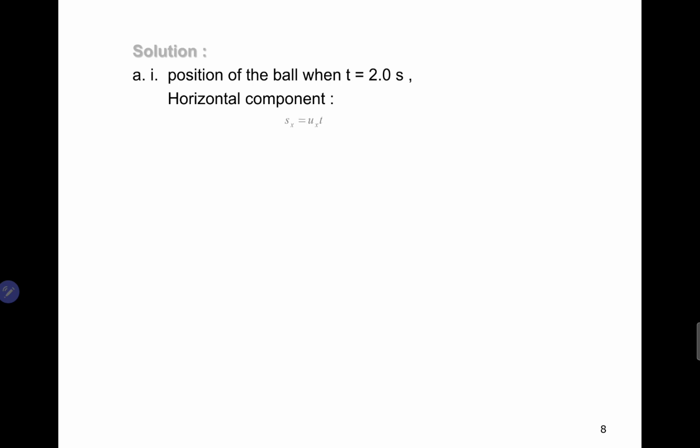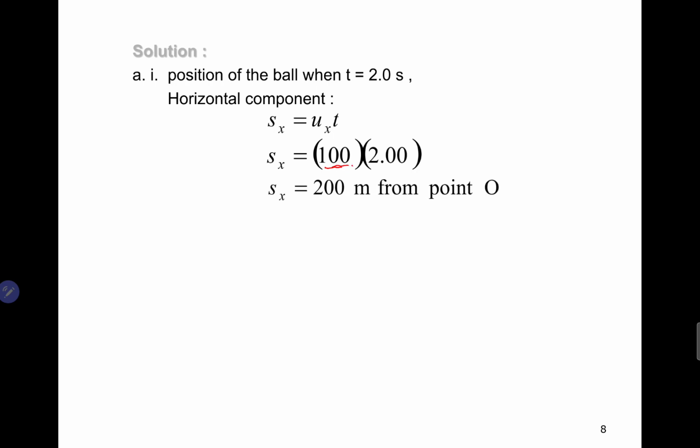Now for the first question, position when time is given as t. To determine the position for the horizontal x component, ux times t. Since for the x component velocity will be constant, which is 100, multiplied with t, you will end up with 200 meters from point O, that means from the initial point.